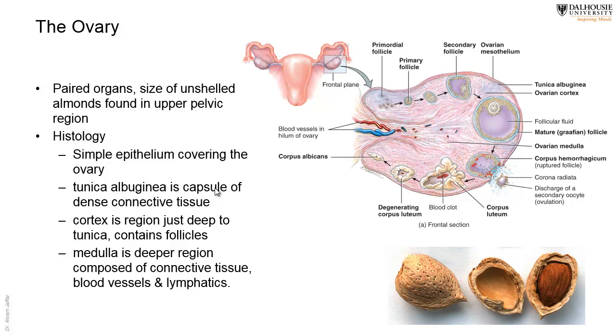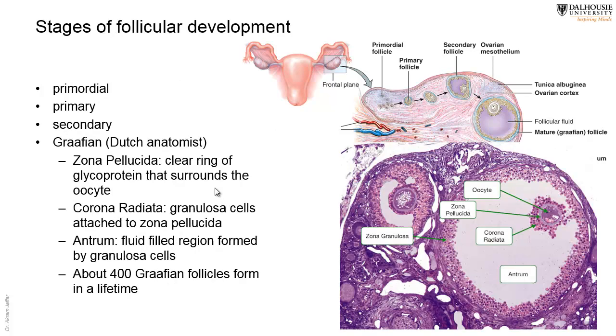So in the cortex, we will find these different stages of maturation of the oocyte. And then what happens after ovulation is that the remaining part of the follicle will change either into a corpus luteum, which is the yellow corpus, or to the white corpus albicans afterwards if fertilization does not take place. All these are present in the cortex.